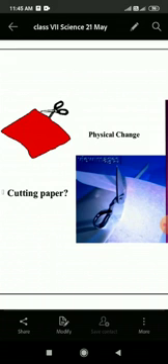Paper is still the same as before. So from this one also we can conclude that cutting paper is also an example of physical change.